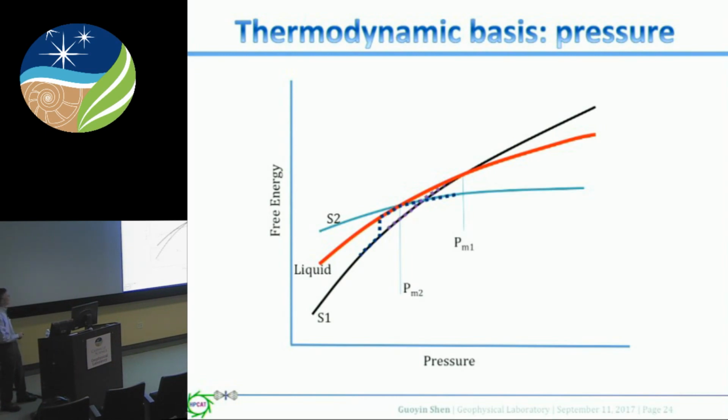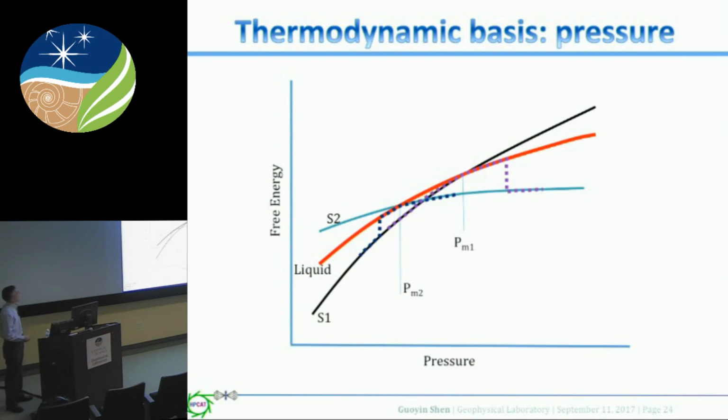And similarly, if we do compression, and this transition is kinetically hindered, then you may get the liquid state there, and then eventually the S2 phase.